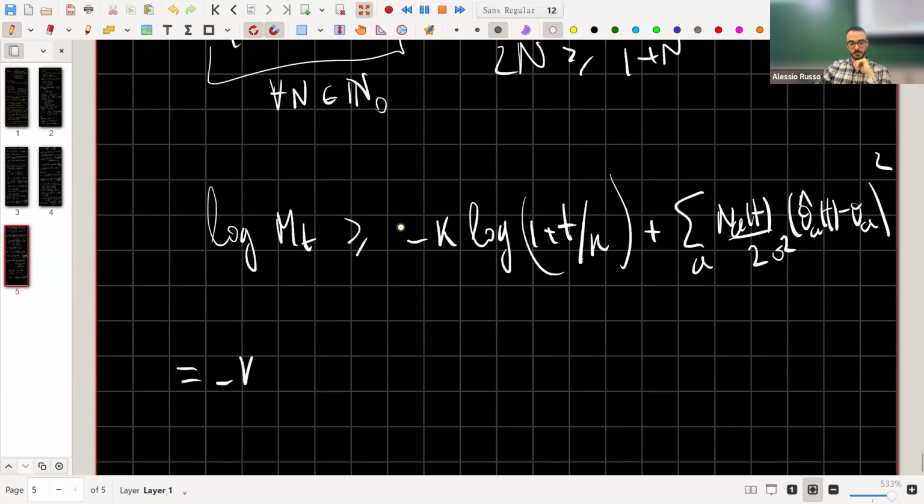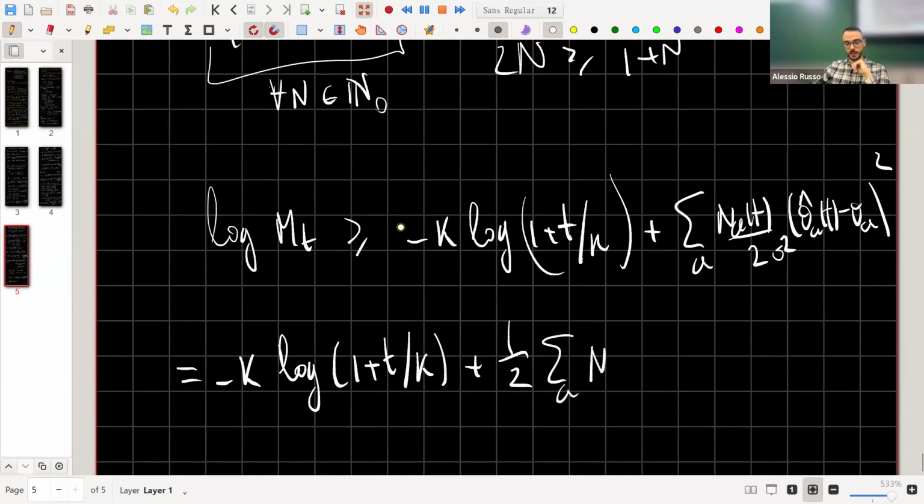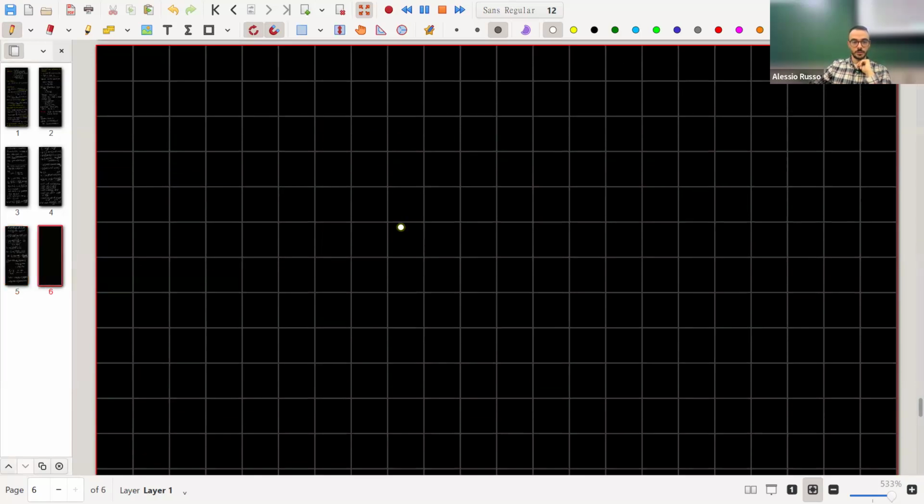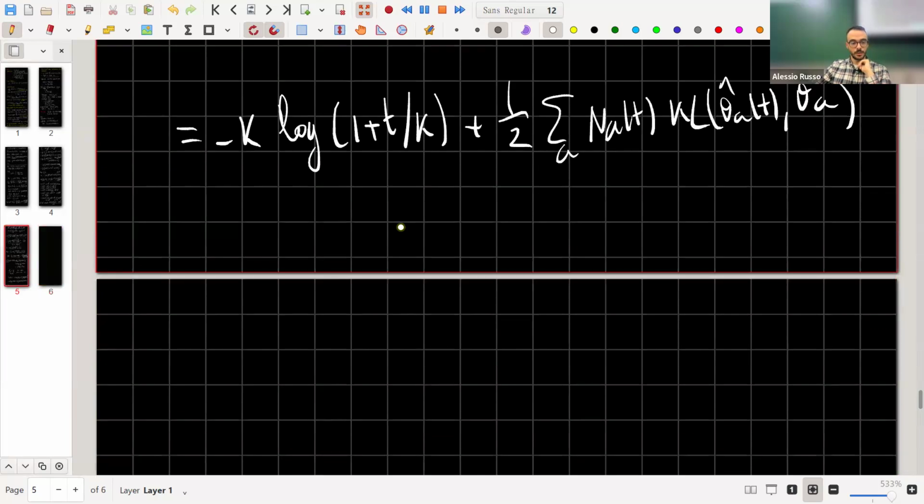This is just minus k log (1 plus t divided by k) plus 1 over 2 sum over a of Nat KL between theta hat at and theta a. And so we have basically reached the conclusion that we wanted.